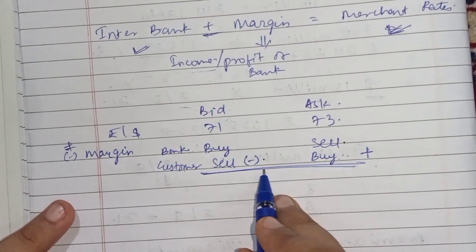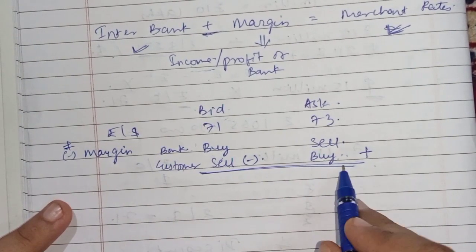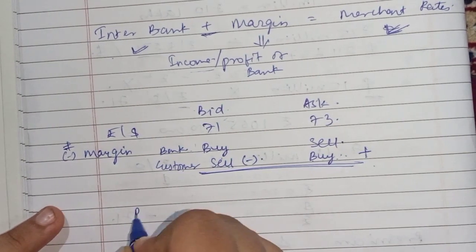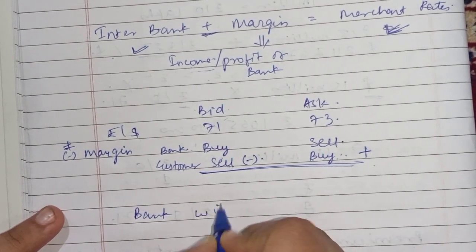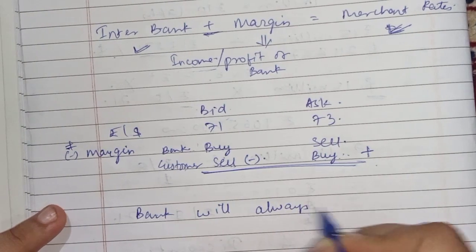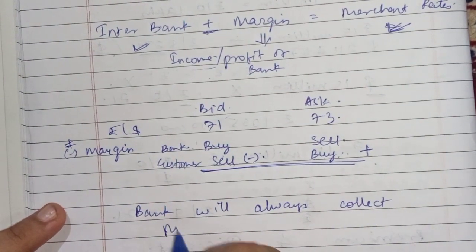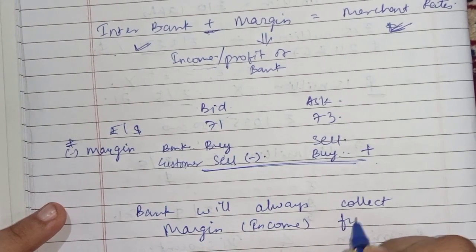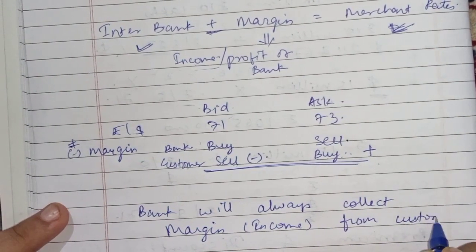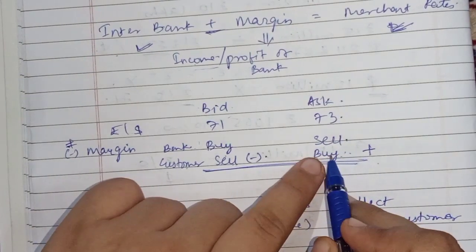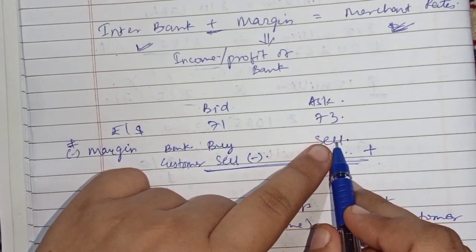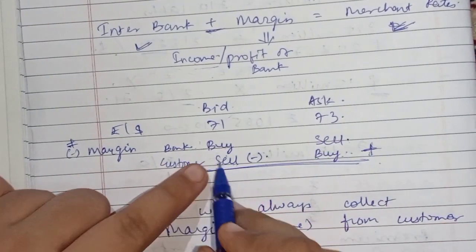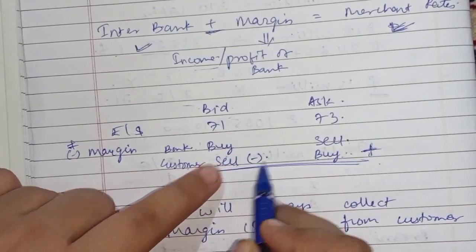Since margin is the income of the bank, when we are transacting with the bank it will collect this amount of margin from the customer. So the bank will always collect margin, which is nothing but income, from the customer. So when it is selling, it will be added, and when it is buying, it will be deducted.